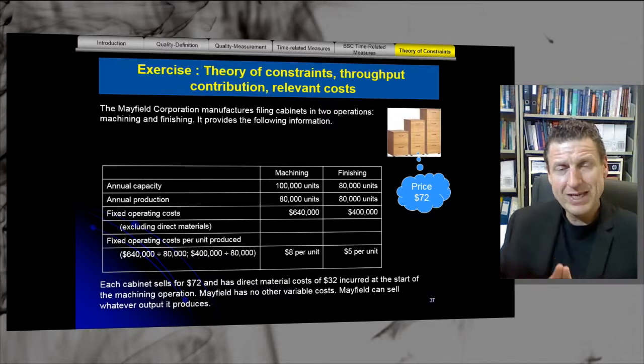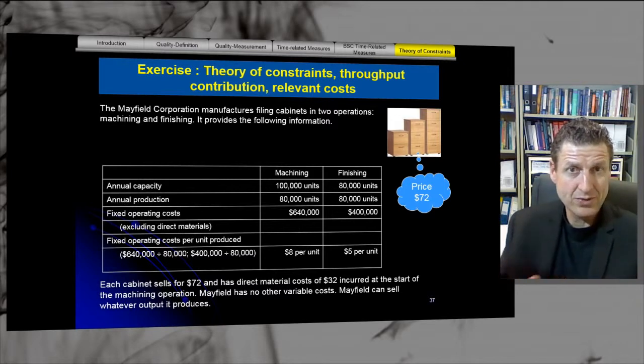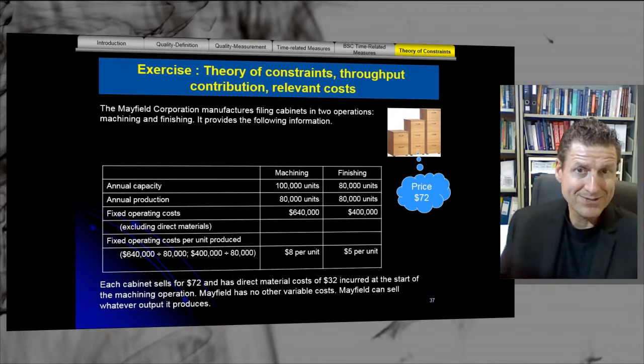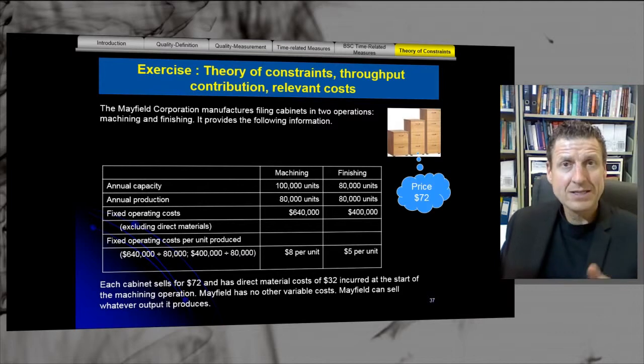So we use the analogy of a factory because it's easier to actually see the sequence of processes, but the same could exist in a service organization. In a bank, there may be various steps, and there may be one particular step that's holding up all the other steps. Same idea.